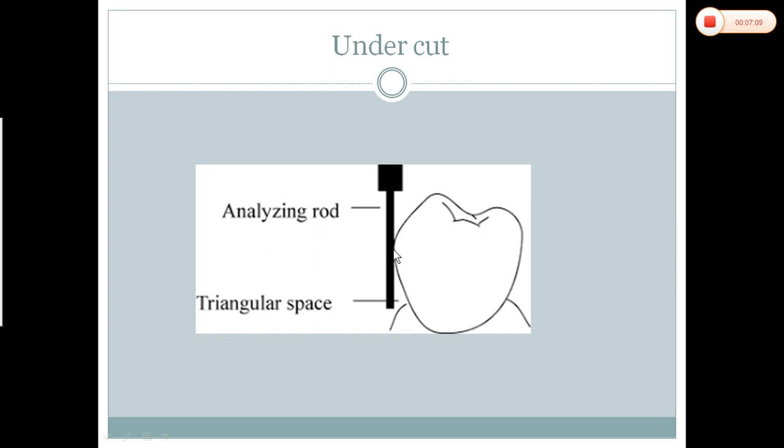The portion of the tooth below the height of contour is known as the infrabulge area, where we have the undercut. So the return arm terminal, or return arm tip, of the clasp assembly should be positioned in the undercut area to gain retention. Right now, remember: the return arm tip is positioned in the undercut area to gain retention.